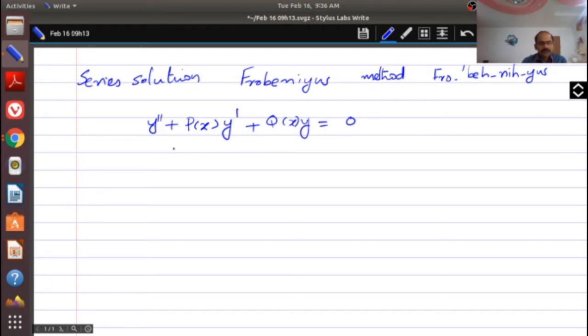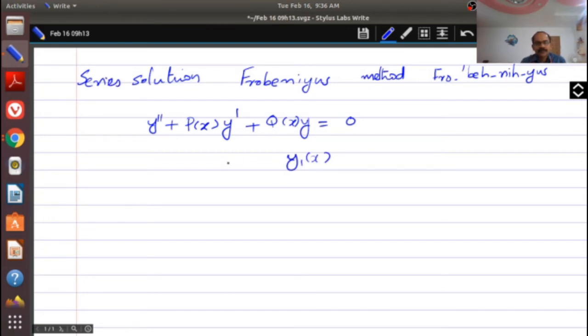So in general, we will show more precisely that there exist only two solutions for a second order homogeneous linear differential equation. Let's say they are y1 of x and y2 of x.